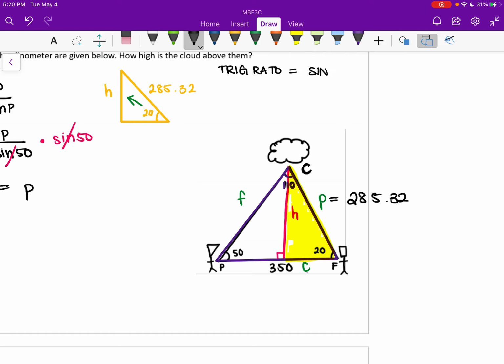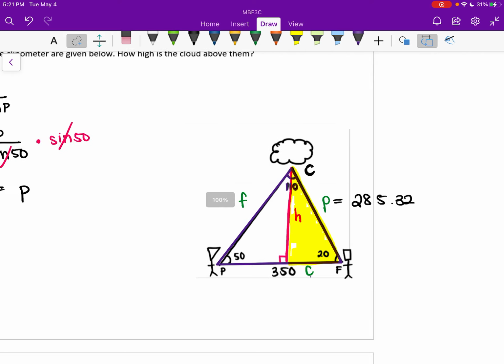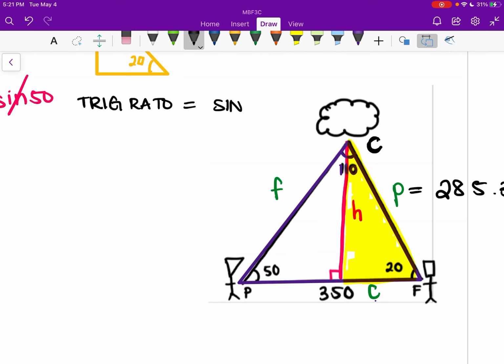So I know sine theta is equal to opposite over, and I'm going to actually do it where I have a little bit more space. So I'm just going to drag this down here. So I know that sine theta is equal to opposite over hypotenuse.